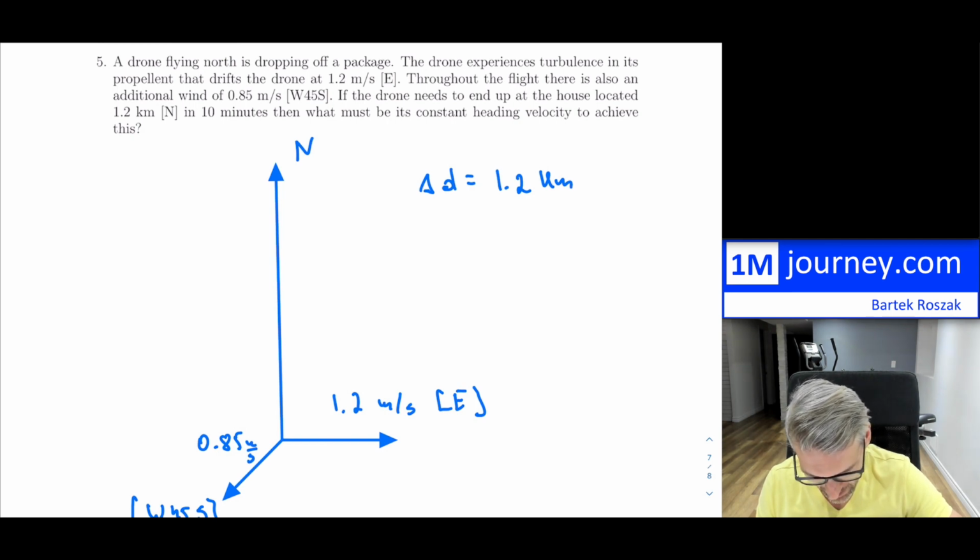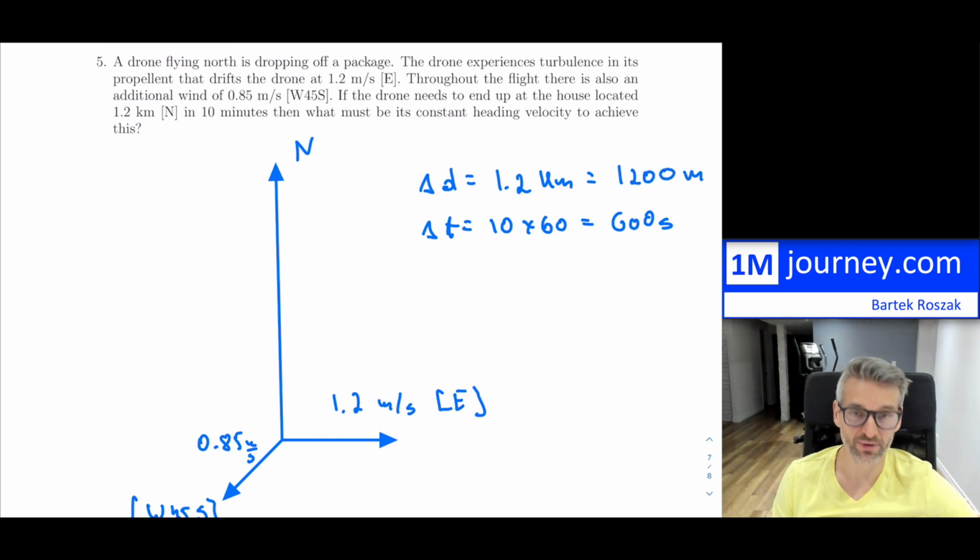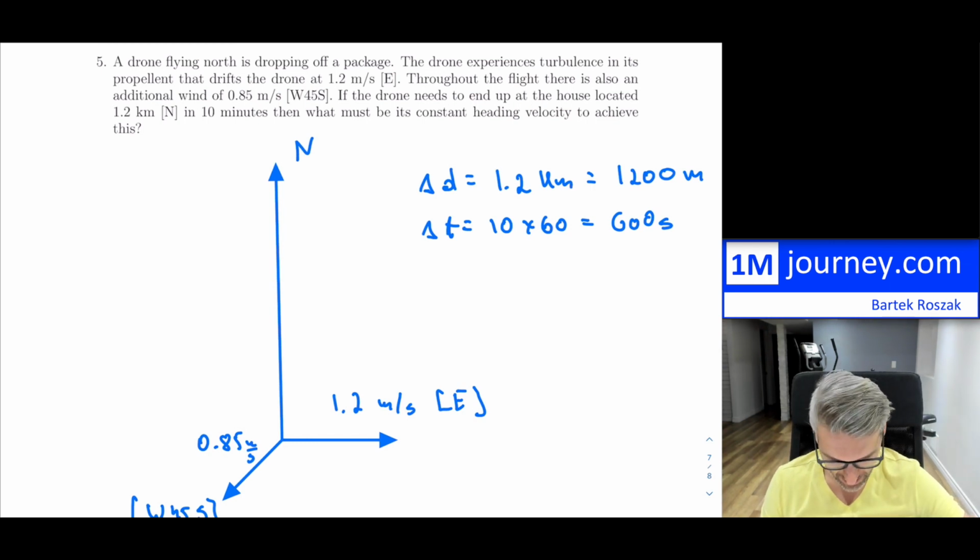So the total time is 10 minutes times 60 seconds, that's 600 seconds. And I'm going to change this to meters because everything is in meters there, so 1200 meters. I've just changed everything to meters and seconds for consistency. So what do we need?